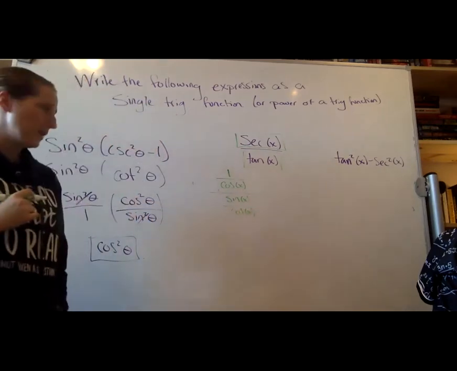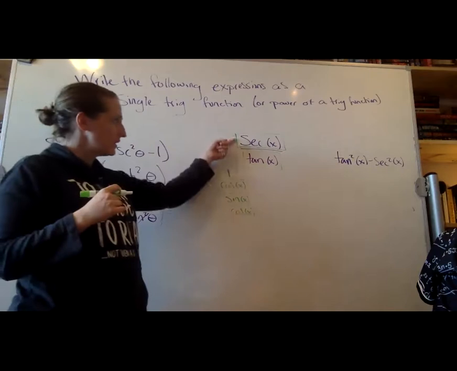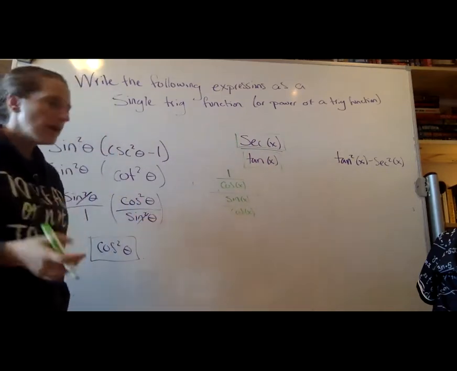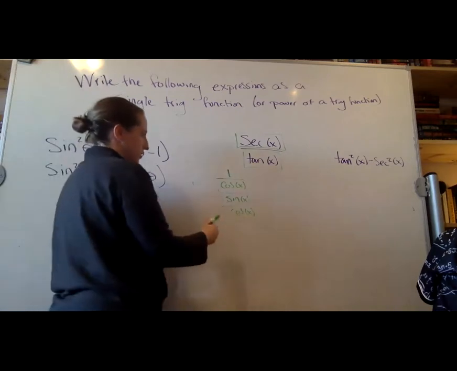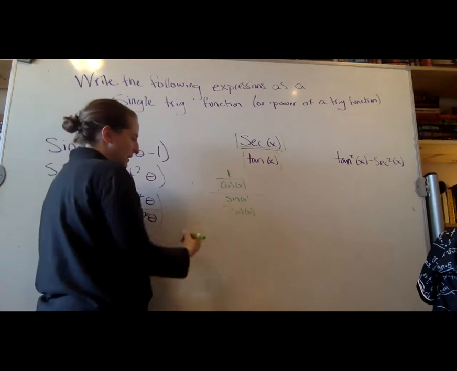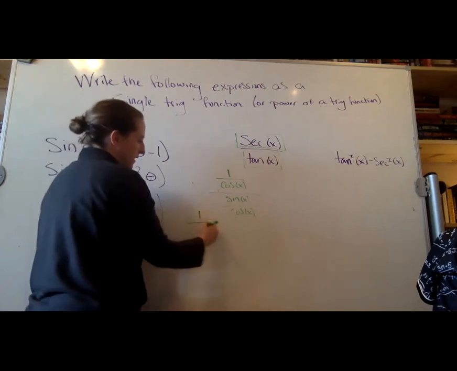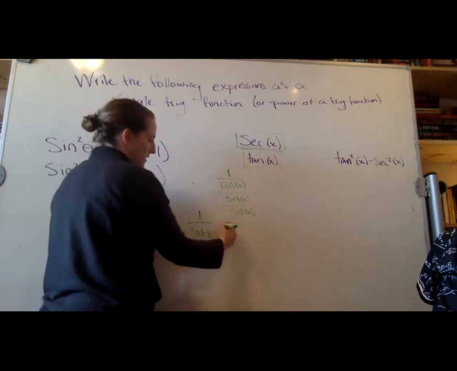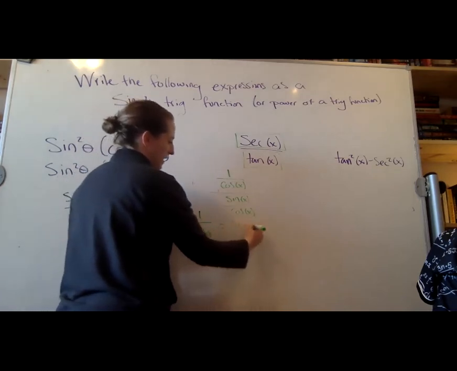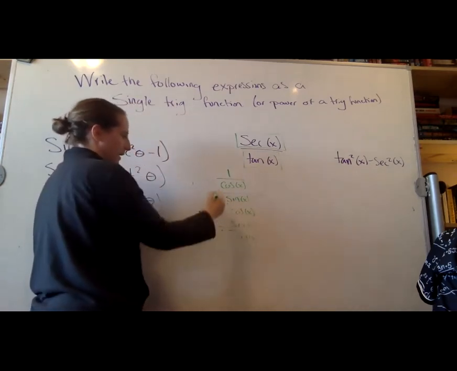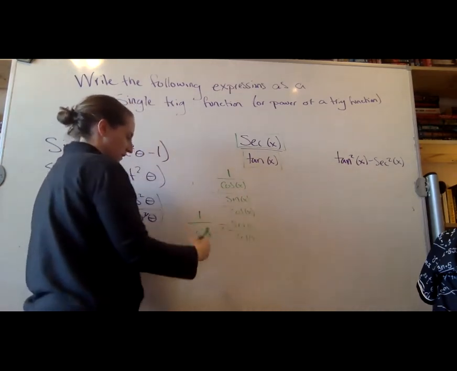Now, it may seem like we made this worse. Before I just had a single term over a single term, now I have a fraction over a fraction. But let's rewrite this and see if we can do any cancellation. So 1 over cosine divided by sine over cosine. The division bar and the division symbol are the same thing.